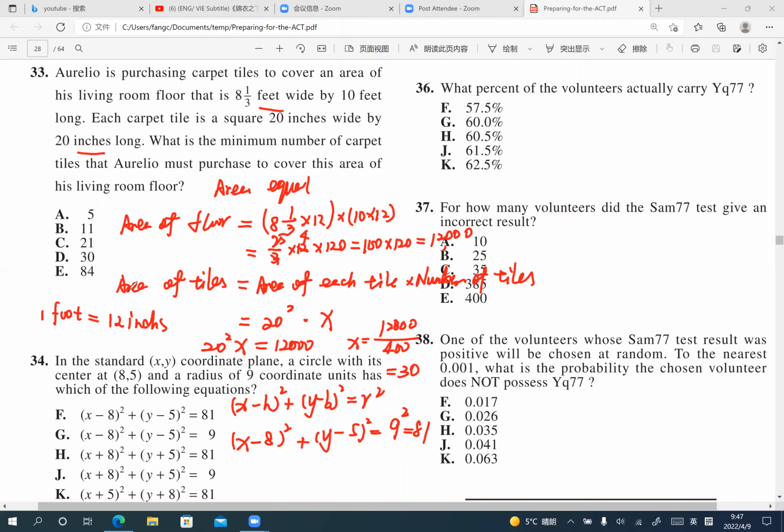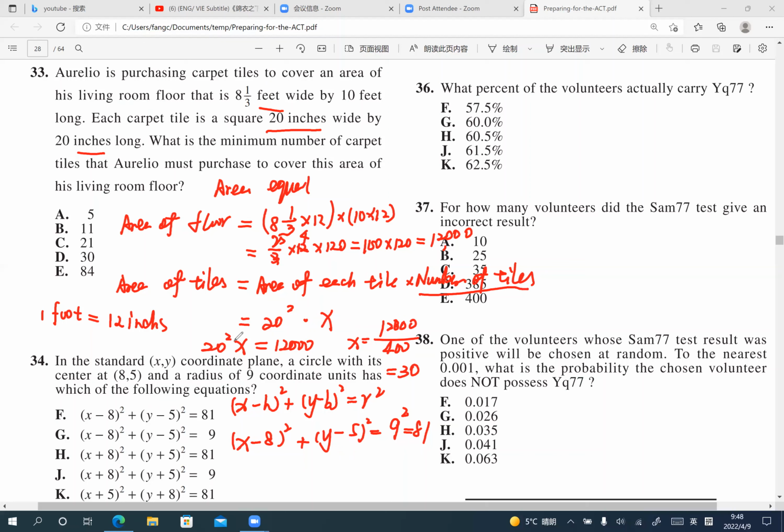12,000. And the area of tiles equals the area of each tile times the number of tiles. The area of each tile from the given information is 20 inches wide, 20 inches long, so 20 squared. We use x to represent the number of tiles.